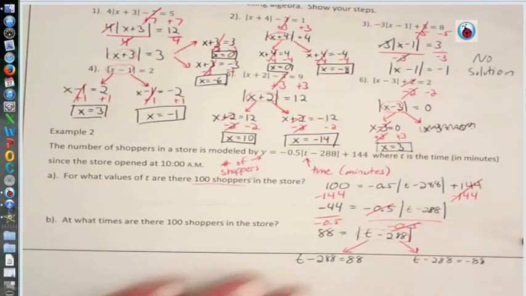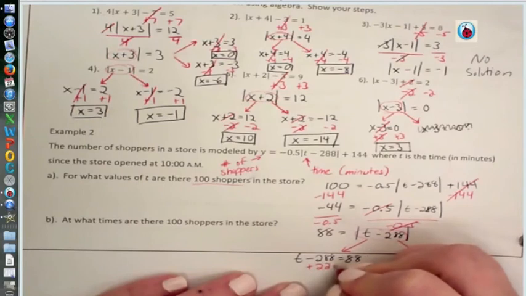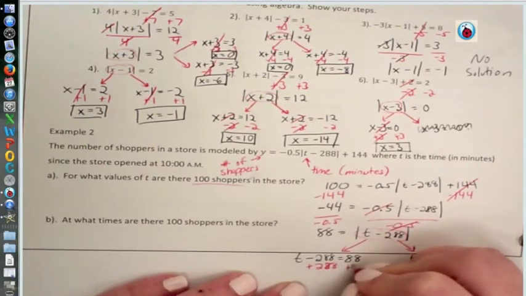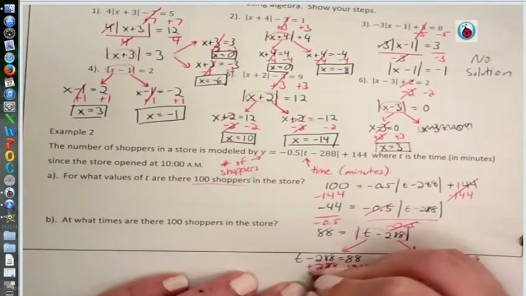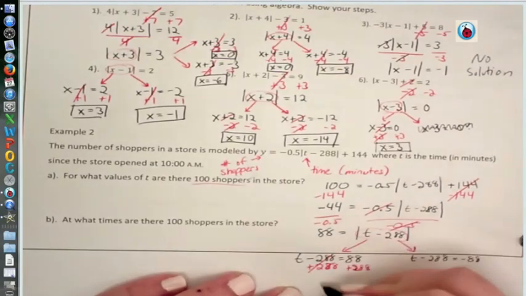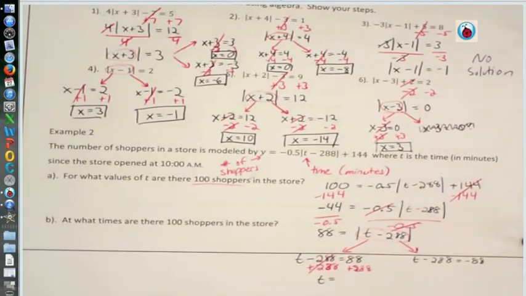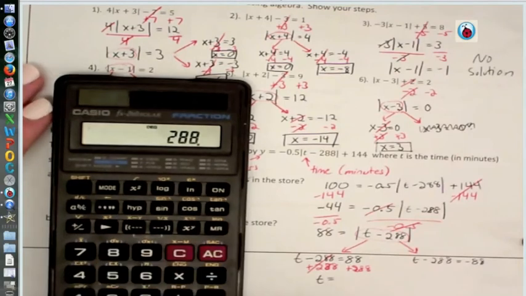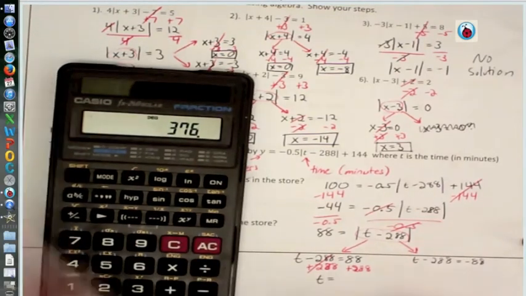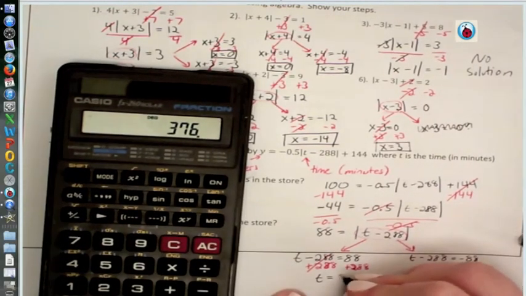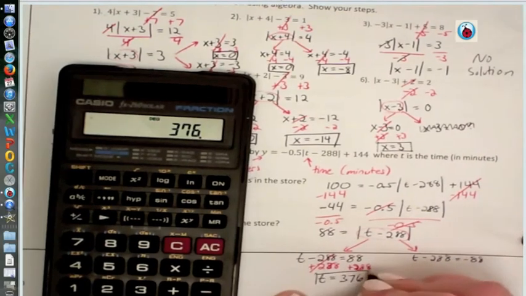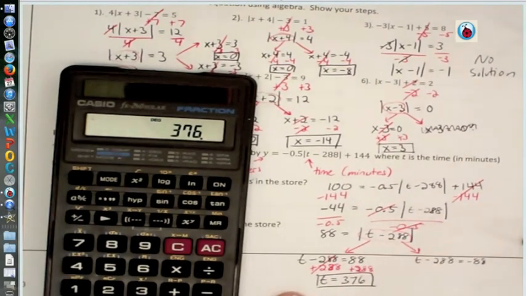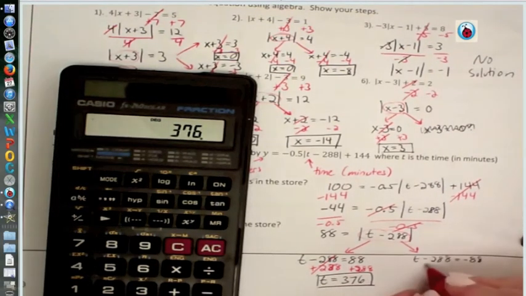I'm going to add 288 to both sides. I get t equals 288 plus 88 equals 376. There's one answer. I'm also going to add 288 to both sides of this equation.